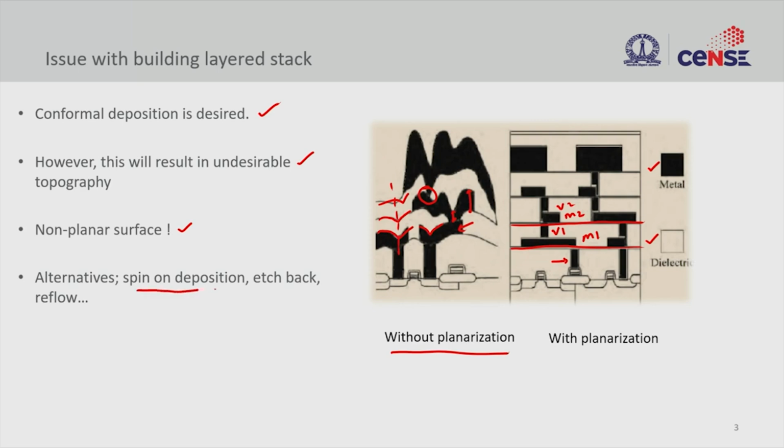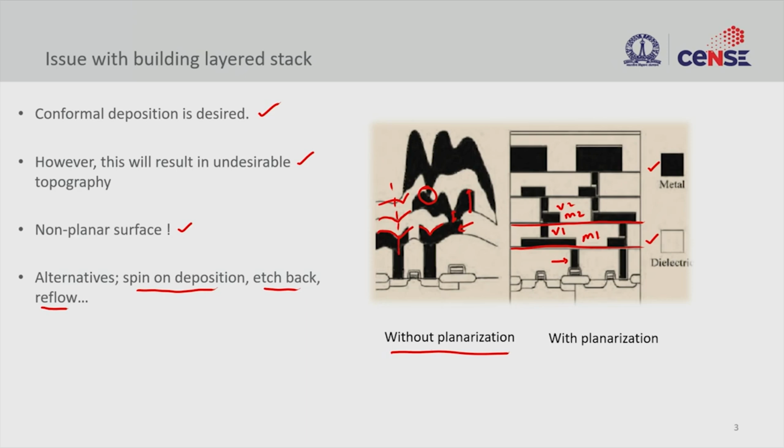There is something called spin-on deposition, and there is something called etch-back and reflow, but there are disclaimers once we start using these. For instance, you cannot use all the materials that you require as spin-on deposition. You can deposit dielectrics using spin-on, but you won't be able to do metal deposition using spin-on. Similarly, reflow means you nearly melt the material.